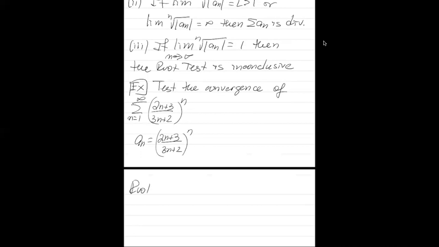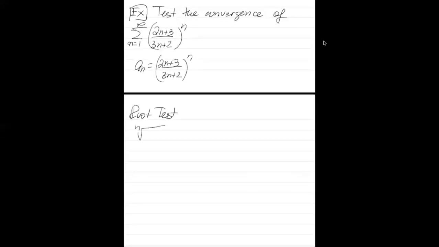We're using the root test now, and we're going to take the nth root of the absolute value, which is always positive, so we don't need it. So the nth root of 2n plus 3 over 3n plus 2 to the power n. The nth root and the n cancel, giving 2n plus 3 over 3n plus 2. This is not very clear, let me do this one more time.